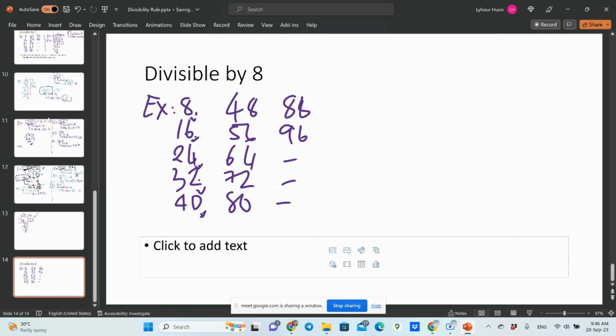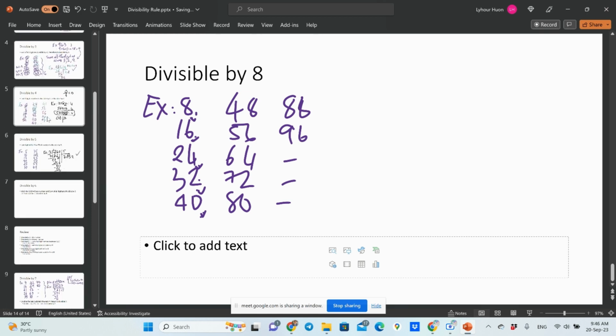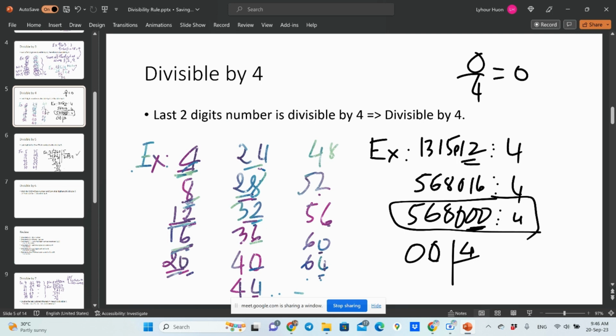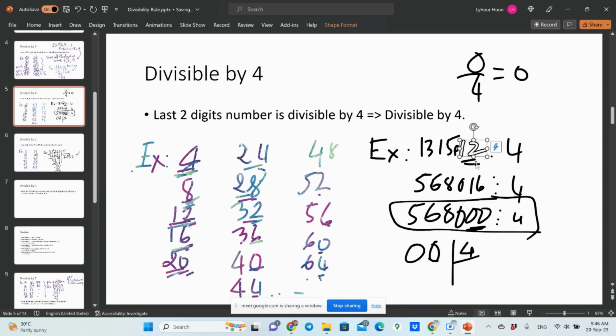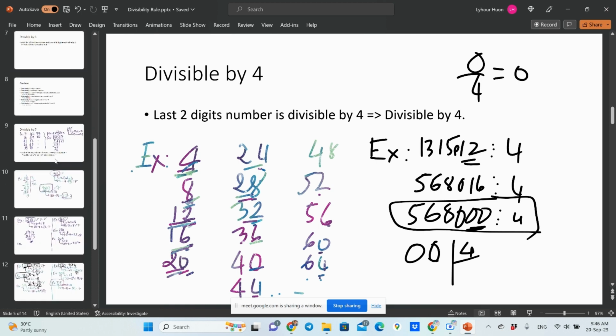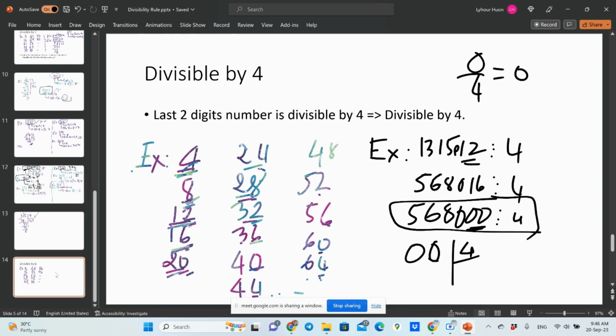Do you notice how we figured out the numbers divisible by 4? It was because of the last two digits. For divisible by 4, we check the last two digits. If the last two digit number is divisible by 4, then the whole number will be divisible by 4.